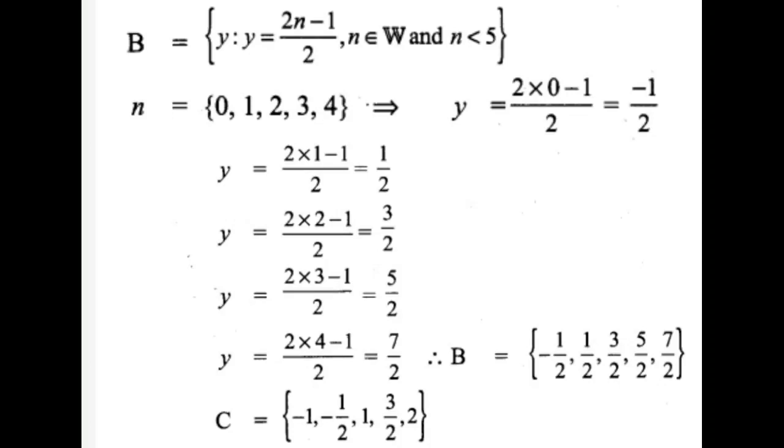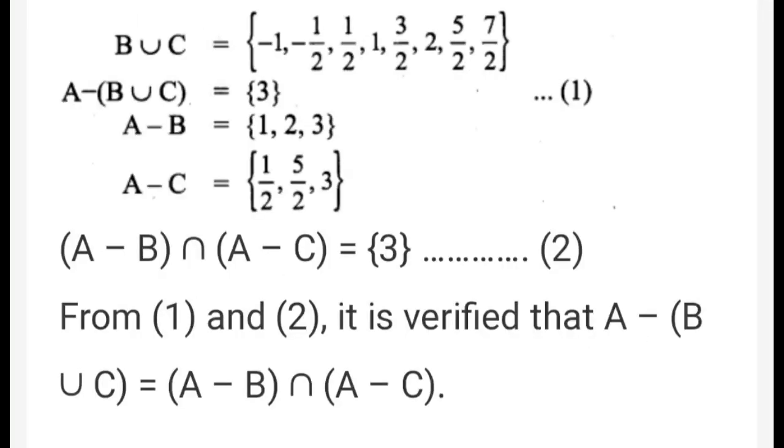The set C in roster form, so no problem. Therefore, C is equal to {minus 1, minus 1 by 2, 1, 3 by 2, 2}. Left hand side, A minus (B union C).